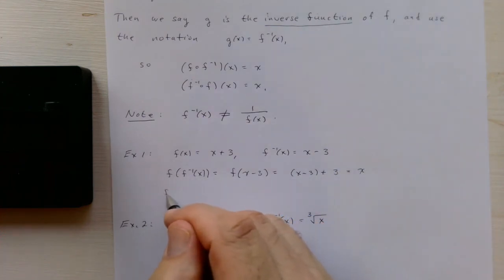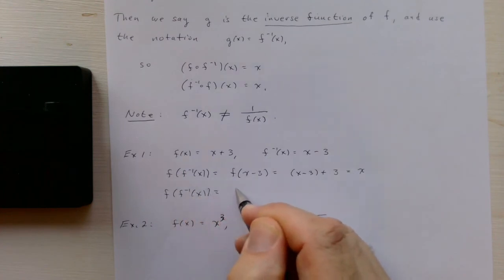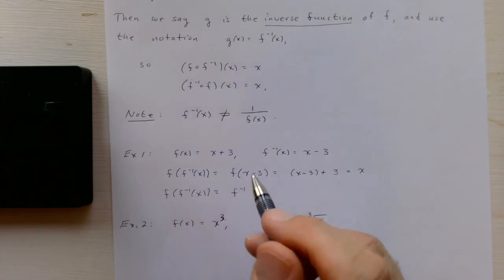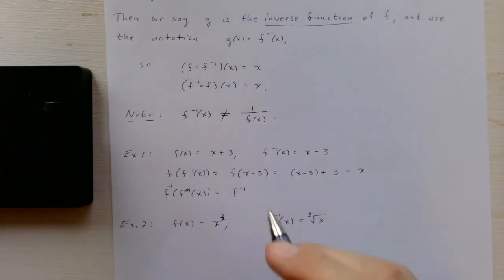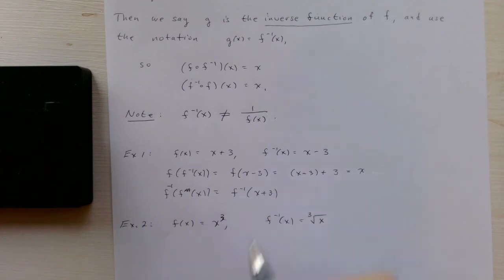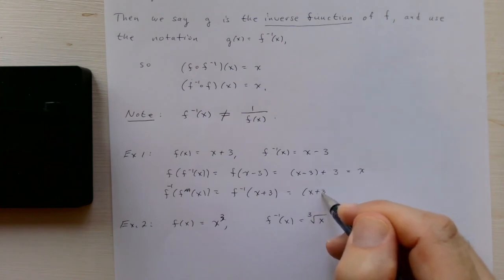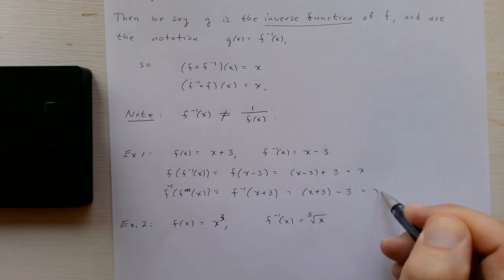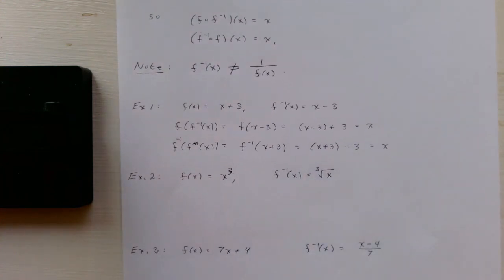And if we compose them the other direction, f inverse of x plus 3, this is x plus 3 minus 3, and that's x as well. So when you compose them in either direction, you get x.